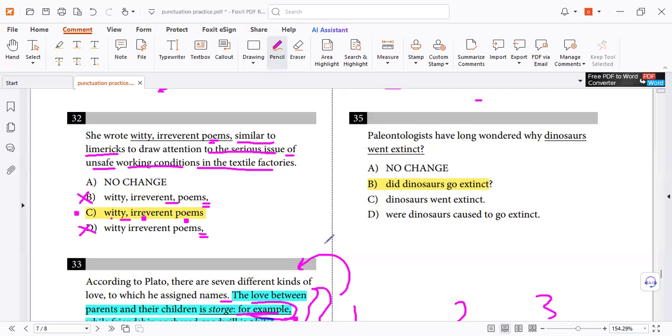In grammar, you will find in your test, is it a direct question or indirect? When you find the word "wonder," we are not asking directly. So it's indirect. So indirect, I can't put a question mark, so we don't need a question mark.